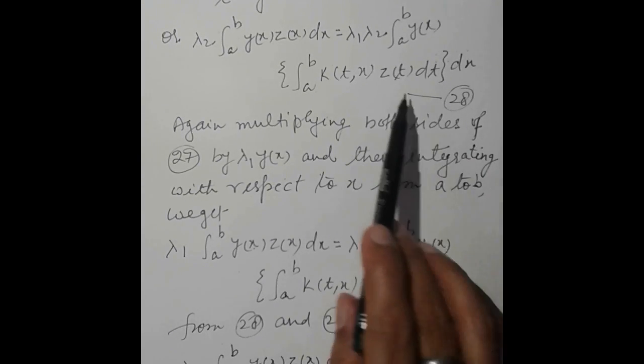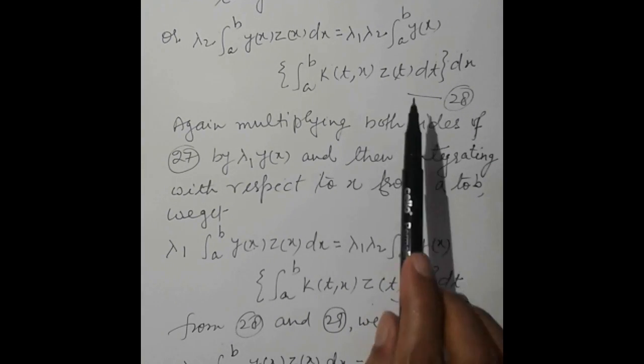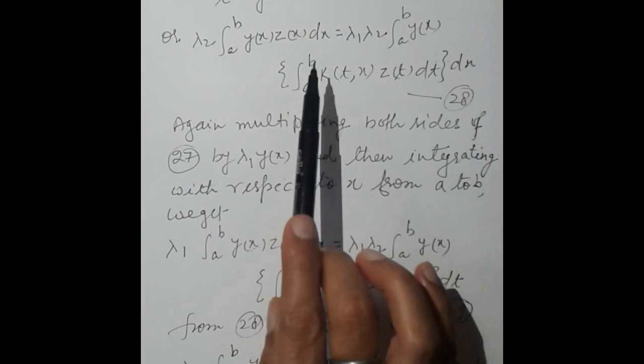Here, from equations 28 and 29, the right hand sides are equal, so the left hand sides will also be equal.